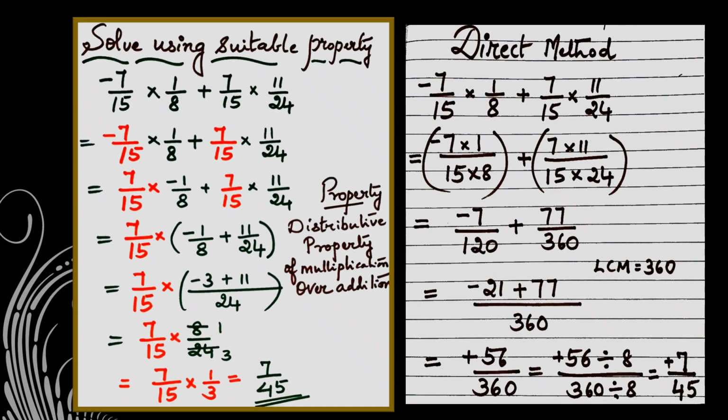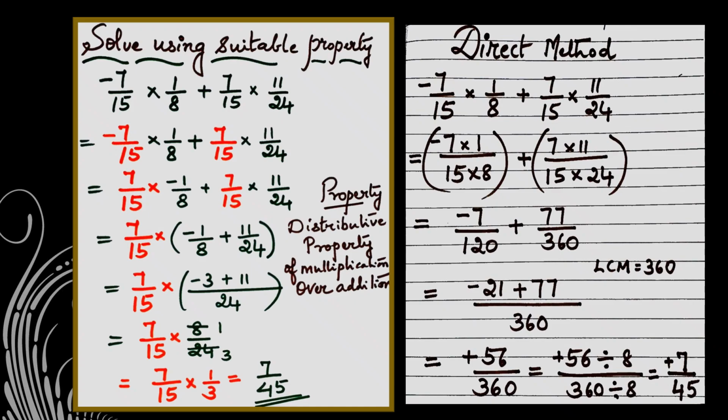Among these two pairs, observe which is common. In the first pair 7 by 15 comes, it comes in the second pair also. So observe which is common. That's why it is written as a highlighted number, that is 7 by 15, and take care of the sign as already taught to you.